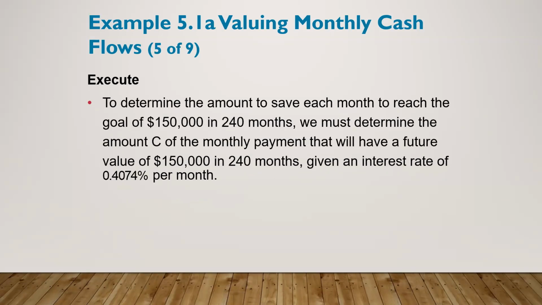To execute here, to determine the amount to save each month to reach the goal of $150,000 in 240 months, we must determine the amount C of the monthly payment that will have a future value of $150,000 in 240 months, given an interest rate of 0.4074% per month.